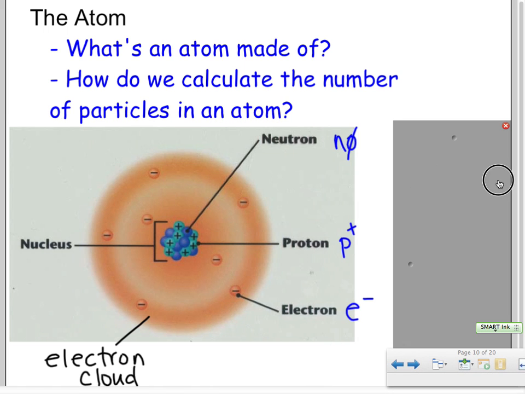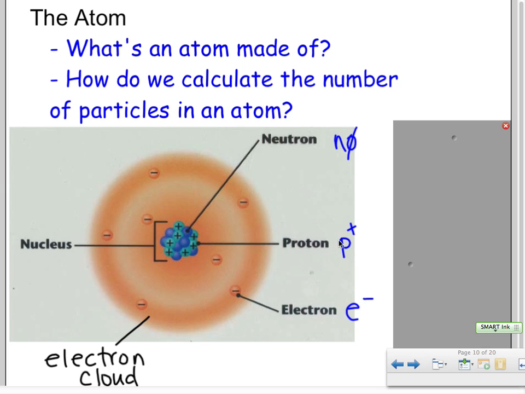Please go ahead and draw a quick sketch of what you see here. This is a typical atom, and you already know that the nucleus is in the center of the atom, and inside of the nucleus we have protons and neutrons. Neutrons have no charge, so when we abbreviate neutrons, we do a little n, and we also give it the charge of 0, which means no charge.